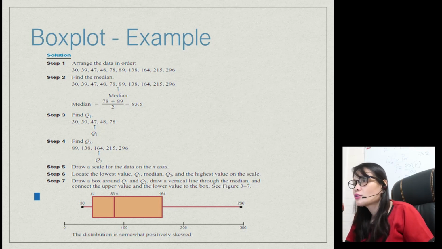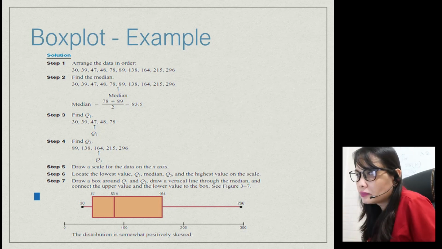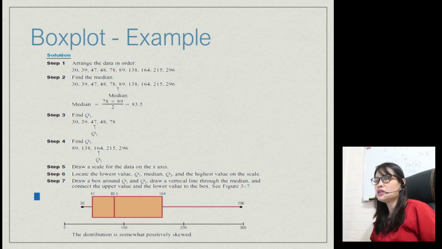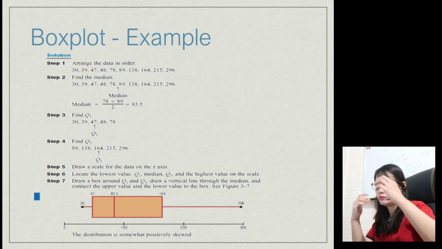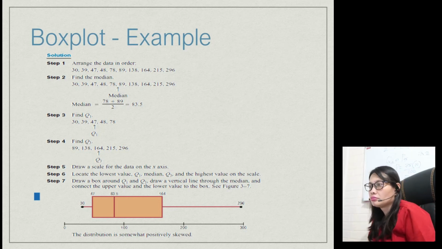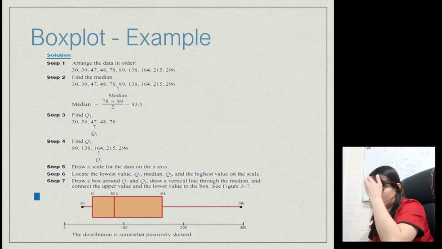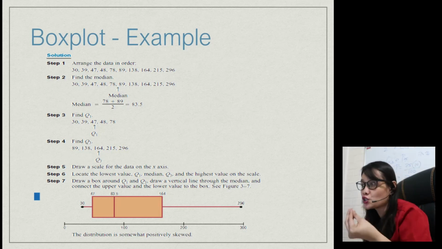Third, find quartile 1. So what is your quartile 1? How do we solve for quartile 1? How do you get 47 as quartile 1? Quartile 1 is the same as percentile 25.